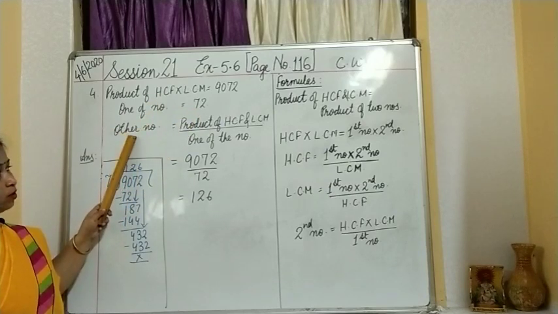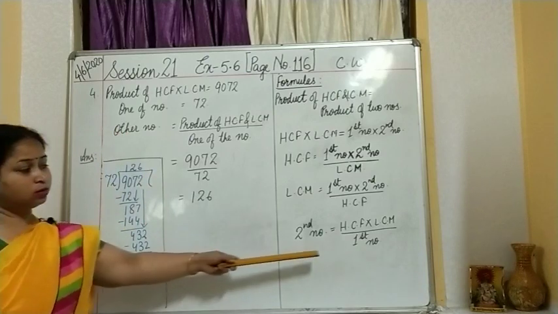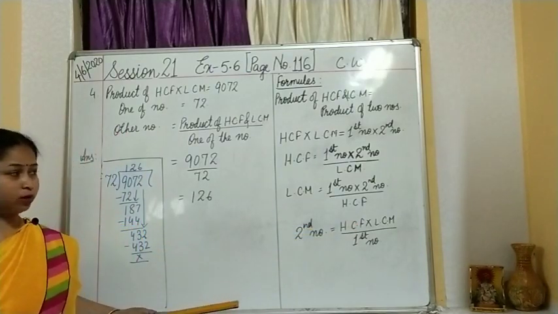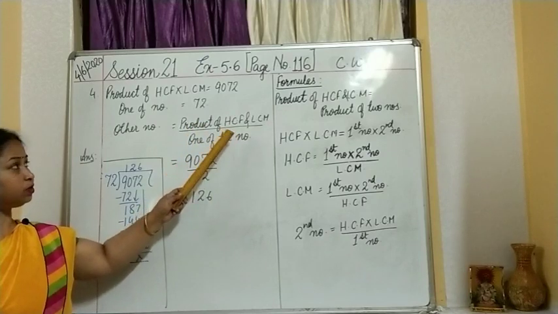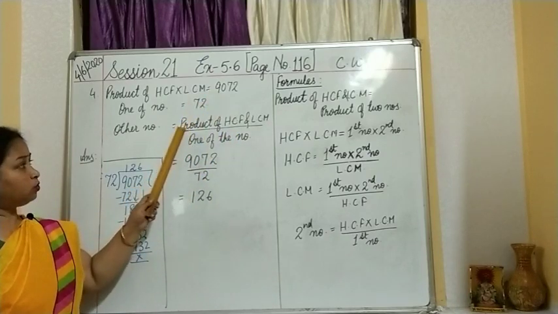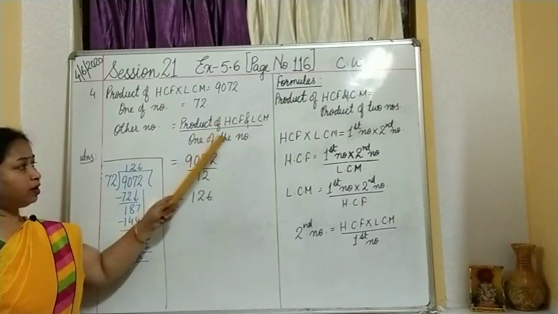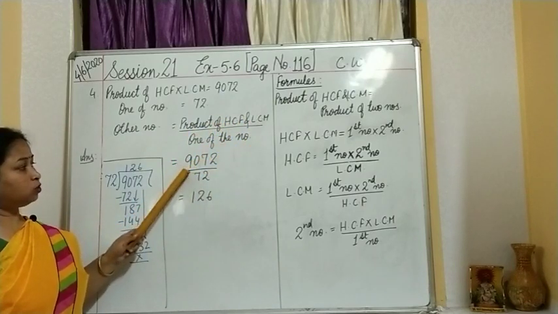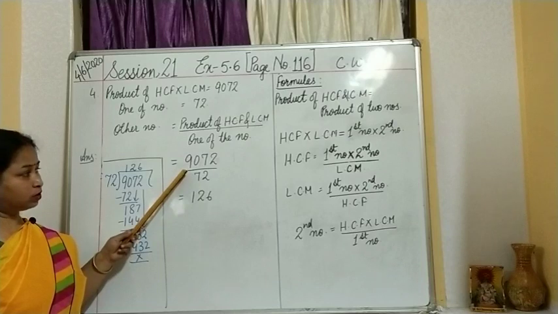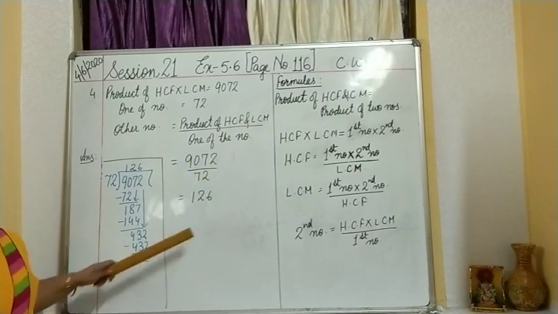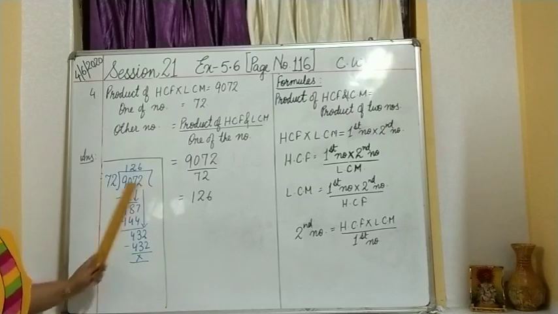So for finding out the other number, which formula? This formula. HCF into LCM means what? Product of HCF and LCM. This is already given to you. So you can write the formula as product of HCF and LCM divided by one of the numbers. So this product is given as 9072 and one of the numbers given to you is 72. I don't have space over there, so I have divided here.